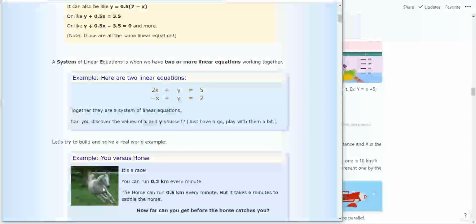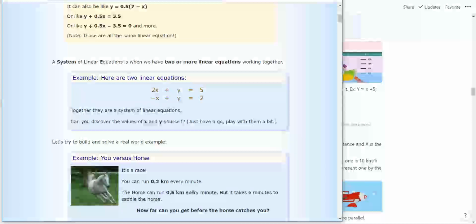Now, how far? First of all, how far means the distance. We know that the distance is the speed multiplied by time, correct? So the speed in this case is 0.2 and t is the time, so 0.2 multiplied by t, and then the horse can run 0.5 every minute.